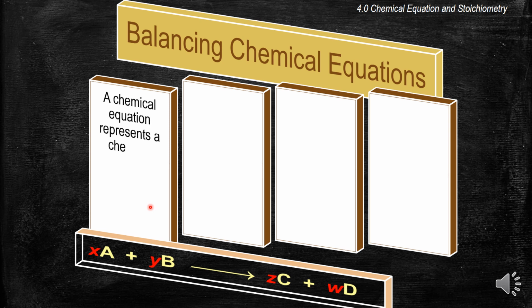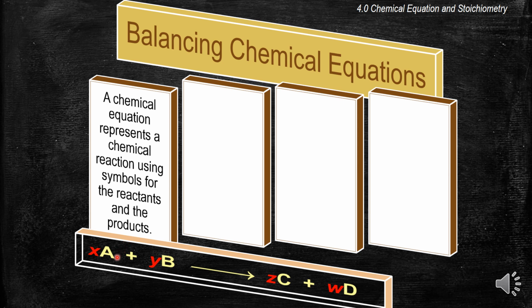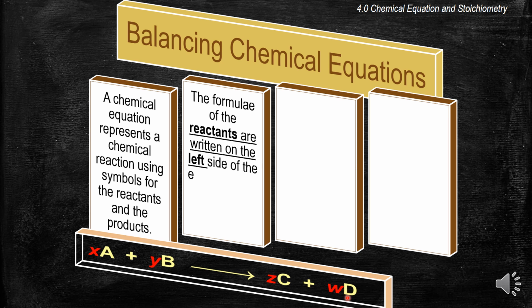First, a chemical equation represents a chemical reaction using symbols for the reactants and products. Example, symbols A, B for reactants and C, D for products. Next, the formulas of the reactants are written on the left side of the equation while the products are on the right side.